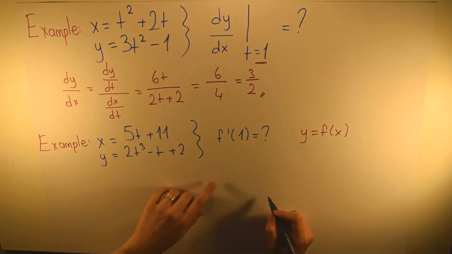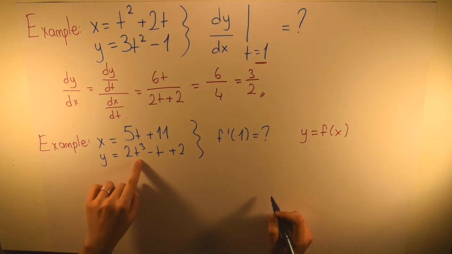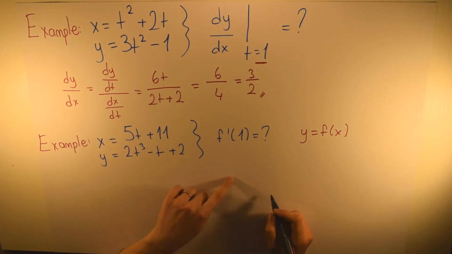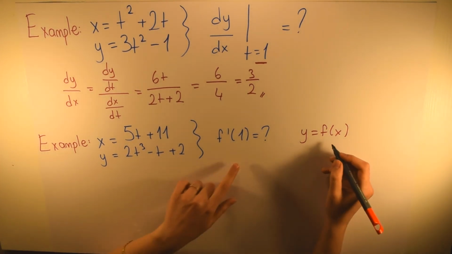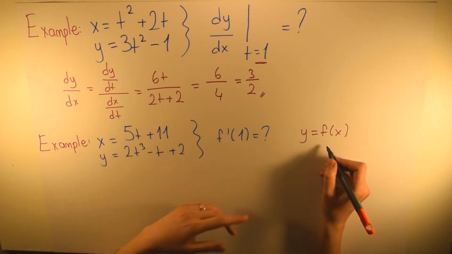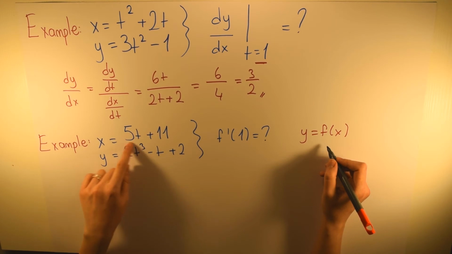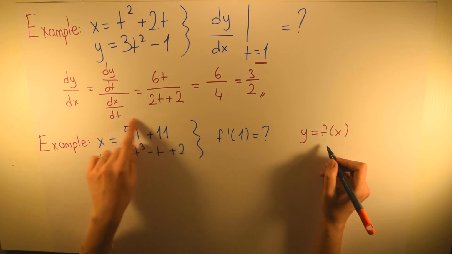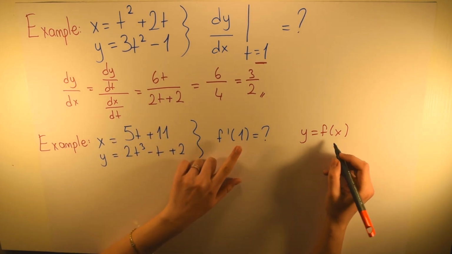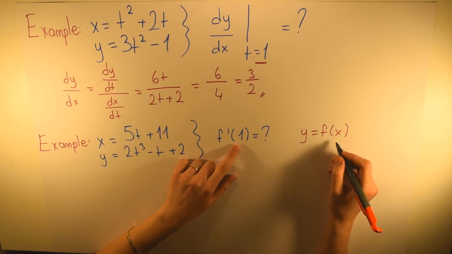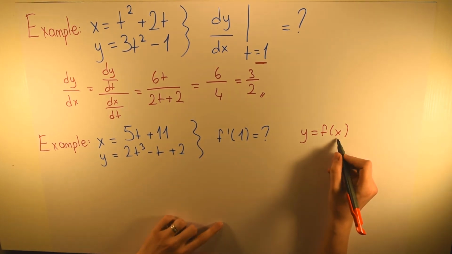So you don't put this 1 instead of t here. In this kind of question, first you should find the value of t that makes x equal to 1. Be careful, because it is x in the derivative of f of 1. So here this 1 is actually our x.